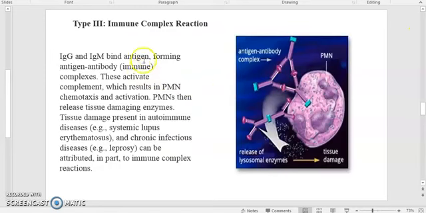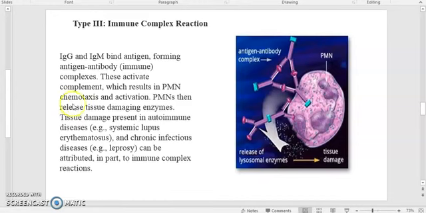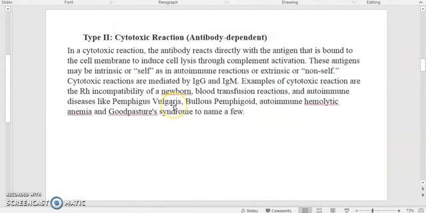Next is the type 3 hypersensitivity reaction. Between type 3 and type 2 hypersensitivity, there is a slight difference. First is the types of antibodies involved. In type 2 hypersensitivity, two immunoglobulins are involved, IgG and IgM.